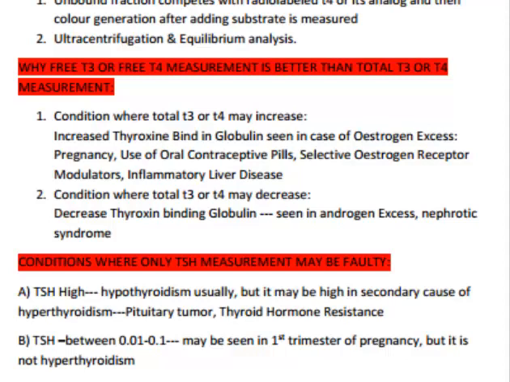Now, there are some conditions where this TBG may decrease. Most common are androgen excess or nephrotic syndrome. That's why it is always better to measure free T4 and free T3 rather than total T4 and T3.